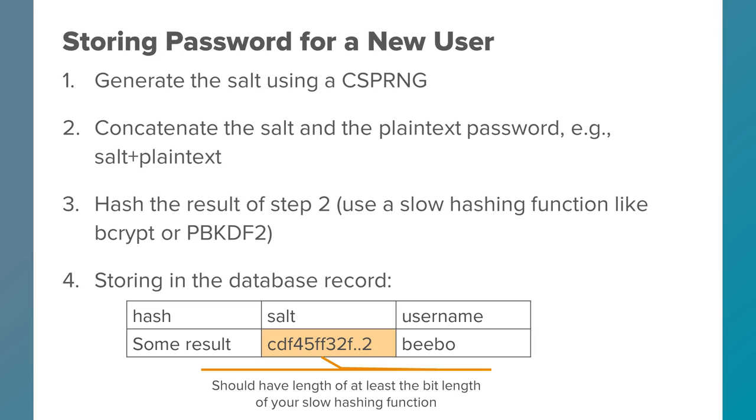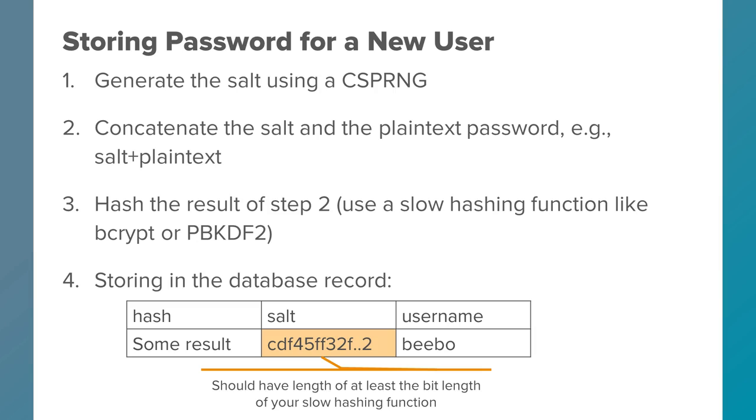Then the next step is to hash the salt plus plaintext together. You have concatenated it. Now you want to hash that whole piece of data. You want to hash using something called a slow hashing function like bcrypt or PBKDF2. I will get to a little bit later why you would want to use a slow hashing function.